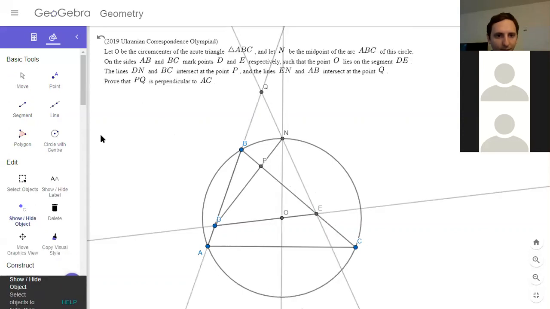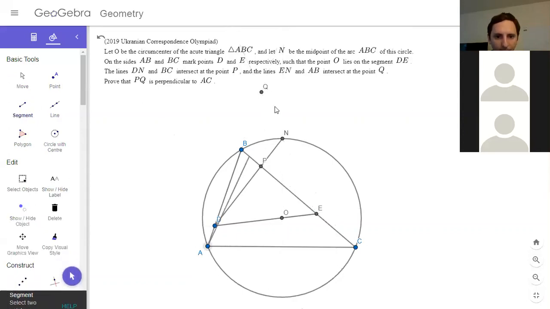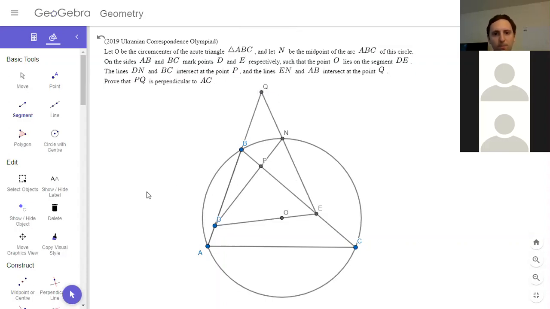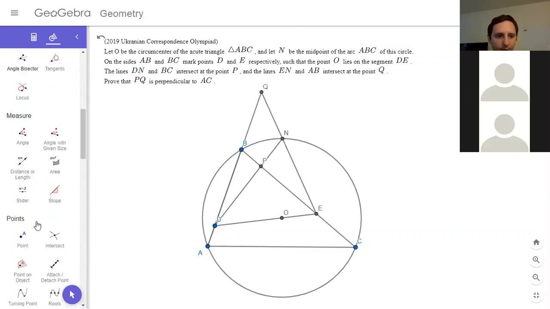It looks like the problem where I use the gliding principle. So I think the reflection of B over DE lies on the circle.